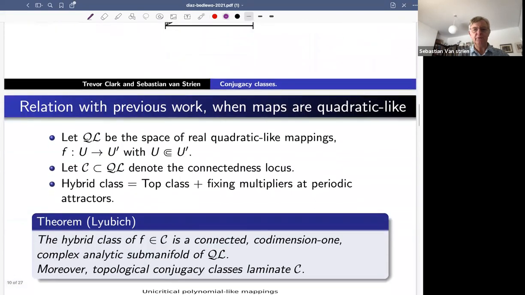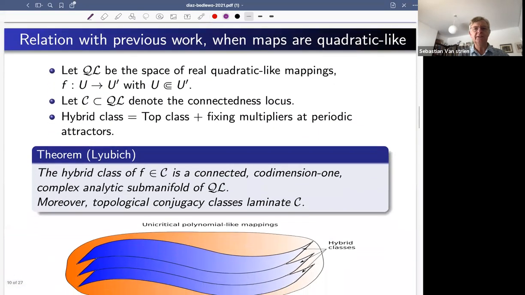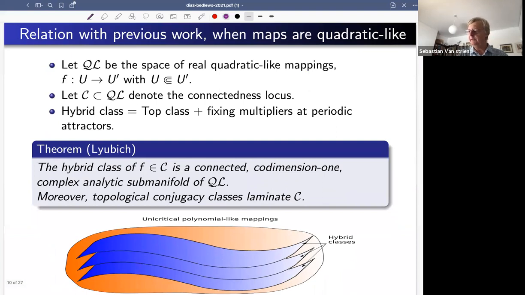So let me talk a little bit about the relationship with previous results. There are earlier results, much earlier results by Lyubich, in the context of quadratic-like mappings. I will just draw a picture. These are maps now not of the interval, but of the complex plane. That means they have some domain U that maps to domain U prime, and U is compactly contained in U prime.